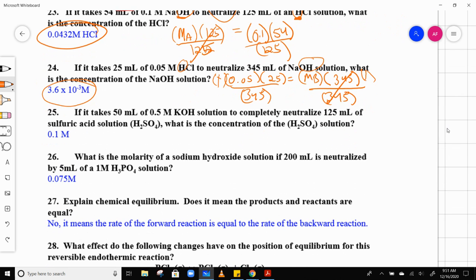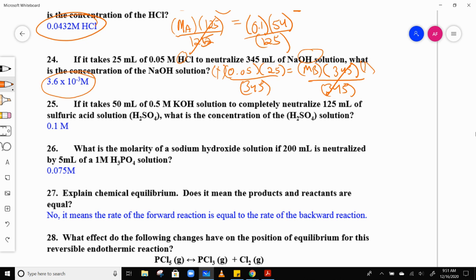Okay, here comes the tricky ones, number 25 and 26. Here we have KOH, which is 1 OH minus, but here this H2 has 2. There's 2 of them. So when we do the number of H's, it's 2 times the molarity of the acid, which is what we're looking for. The volume of the acid is 125.